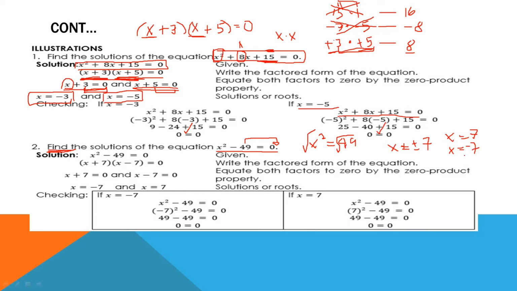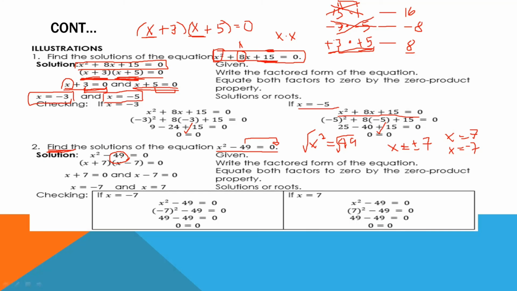So, how are we going to do this if we will use the factoring? So, not unlike na magta-transpose tayo para i-set yung ating quadratic term in one side, dito, hindi tayo magta-transpose. What we are going to do is to get the factors. So, if both the quadratic term and the constant are perfect squares, we can get the square root, or the factor, of 49.